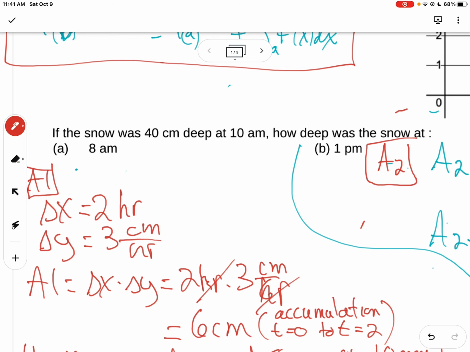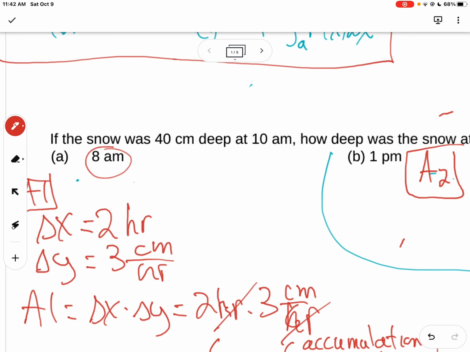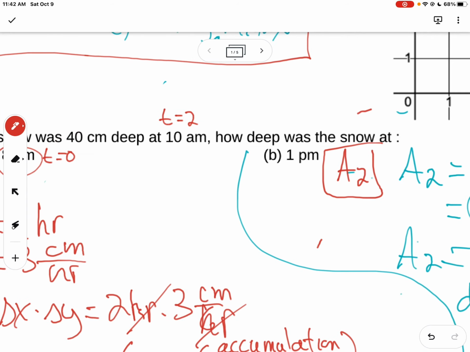If the snow was 40 centimeters deep at 10 a.m., how deep was the snow at 8 a.m. and at 1 p.m.? So we've got to connect this to how we were representing the x-axis, which is time after 8 a.m. So 8 a.m. is t equals 0. 10 a.m. is then 2 hours later, so t equals 2. 1 p.m. would be, so 9, 10, 11, 12, 1, that's t equals 5. Hours after 8 a.m.